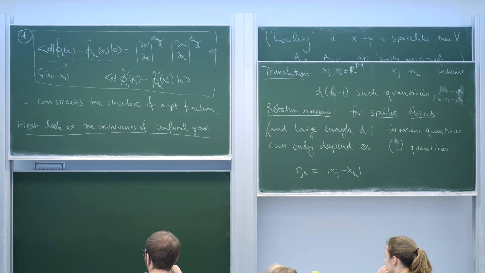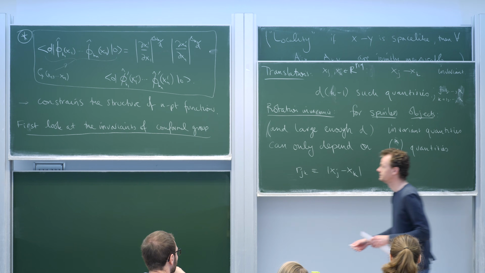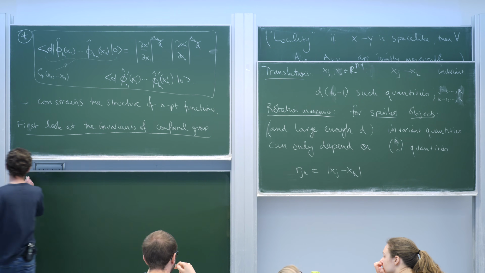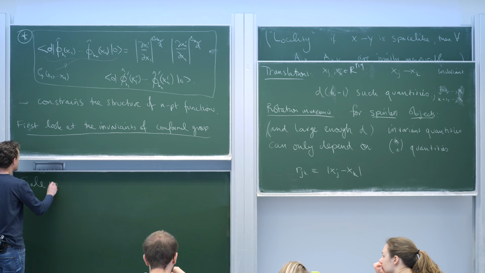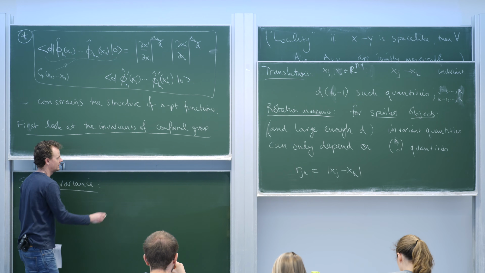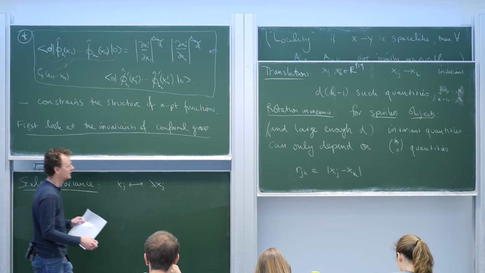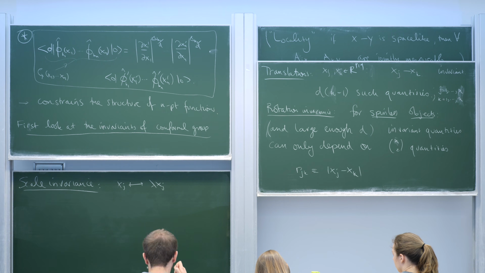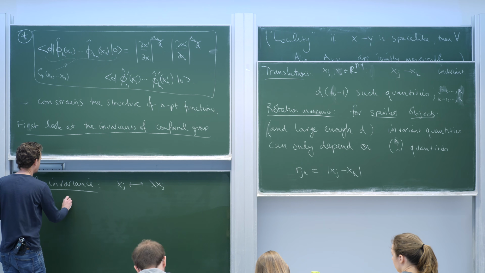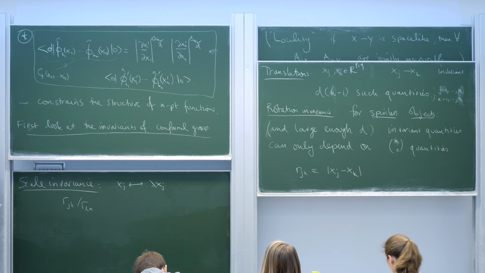If you change scale, then all these lengths change as well, but their ratios don't. So under xj goes to lambda xj, RJK is not invariant, but RJK divided by RLM is invariant.